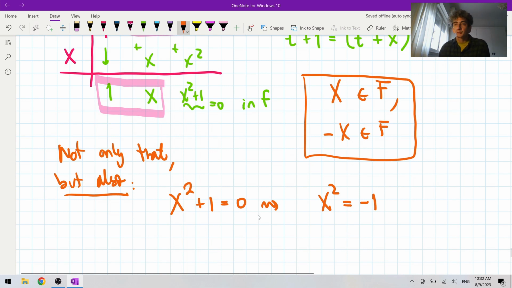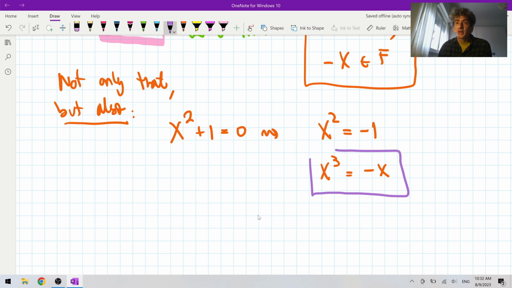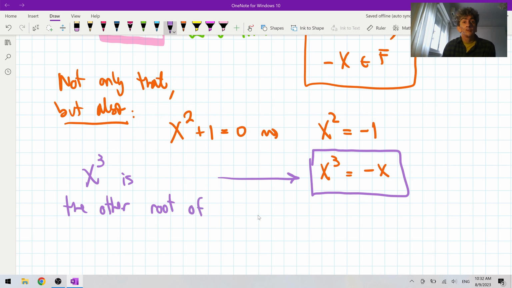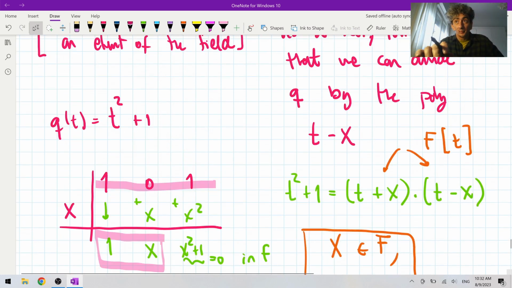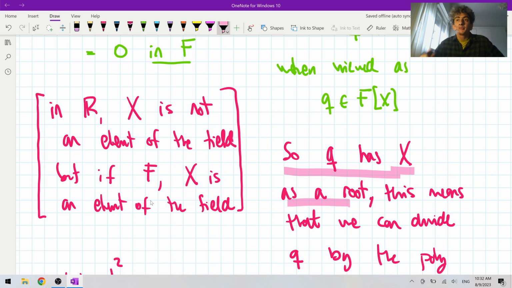So if we multiply both sides by x, x cubed is minus x. So what do we see here? That x cubed is actually the other root. X cubed is the other root of Q of t. Not only x is a root of Q, but x cubed is the other root of Q.